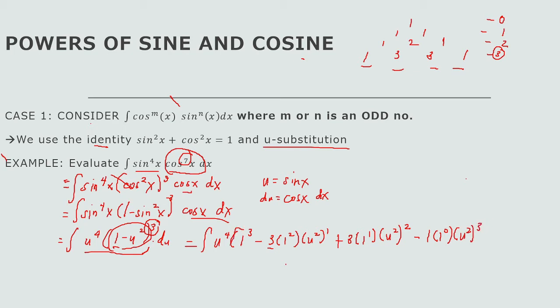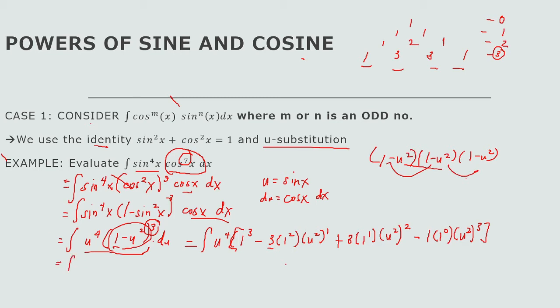So let's use brackets here. You can also use 1 minus u squared, but it will take time to multiply this and this by using FOIL, and then multiply the result. So you can also use that method.